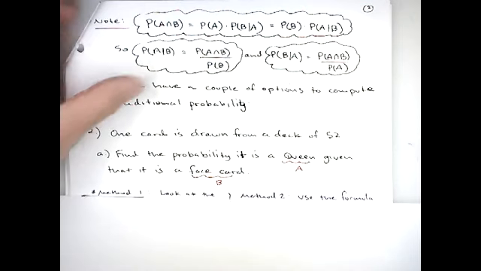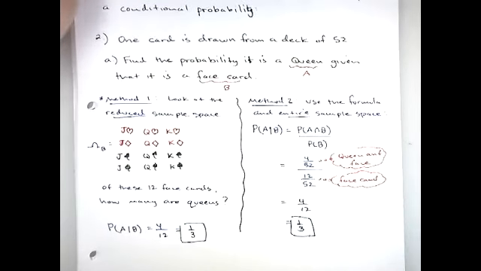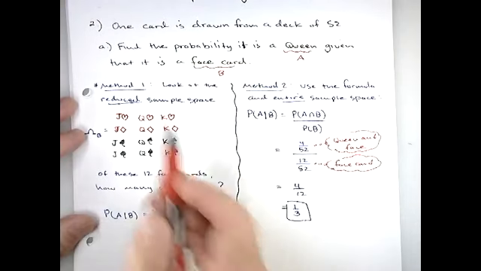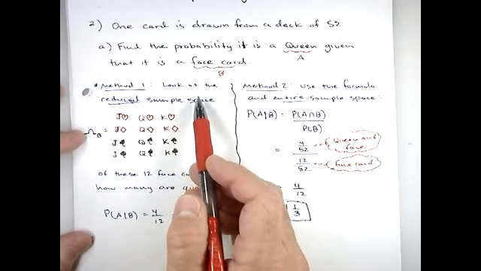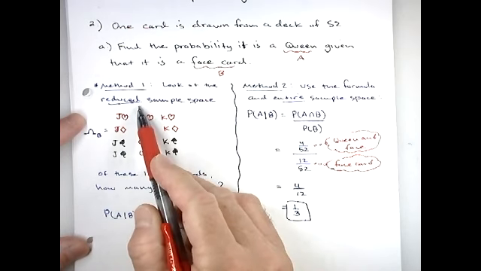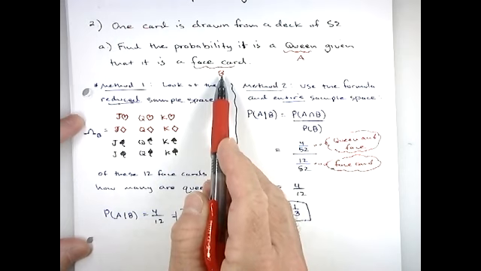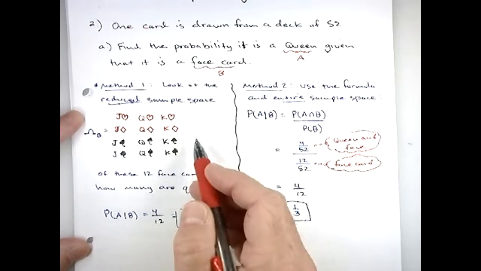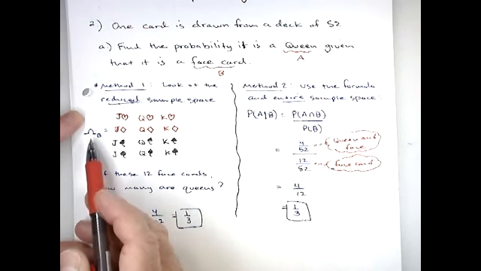So method one, here I'm just going to do them side by side, and we'll talk about the differences. Method one, which doesn't involve using the formula, is to just look at the reduced sample space. If we already knew we picked a face card, there's no need to consider all the other cards in the deck other than face cards.